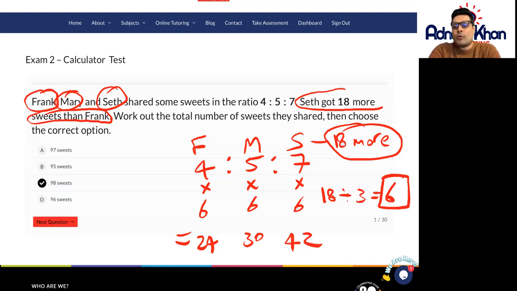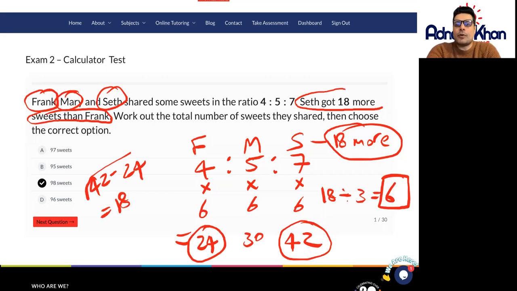Now, Seth got 42 sweets altogether. Frank got 24 sweets altogether. If you did 42 take away 24, that gives us 18 sweets. So it's correct that Seth got 18 more sweets than Frank.